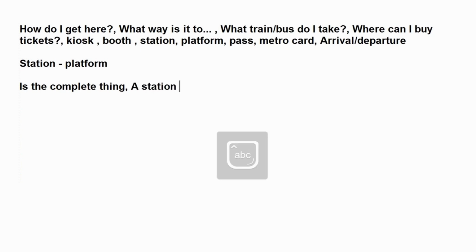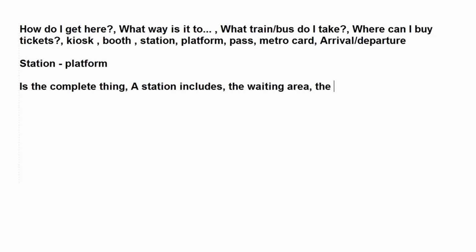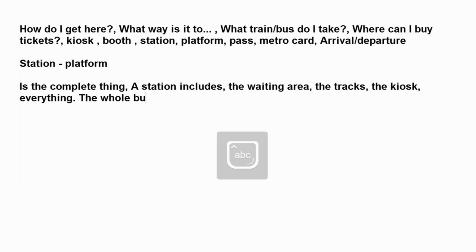So a station includes the waiting area, the tracks, the kiosk, right, where you buy all the tickets, everything. It's like the whole building. Okay, so this complete thing. A station includes waiting area, the tracks, kiosk, everything, the whole building.